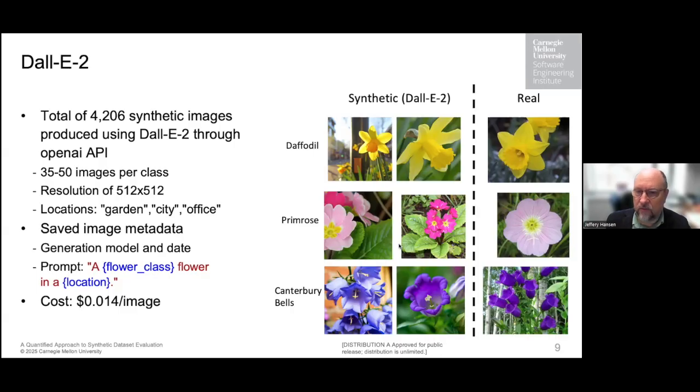It's only a little over 1 cent an image, which is much cheaper than sending people out into the field to take flower pictures and get them labeled. And since we're synthesizing, we have them pre-labeled, so that makes it a very cheap and attractive data set to use, if they turn out to be as useful for training your model.